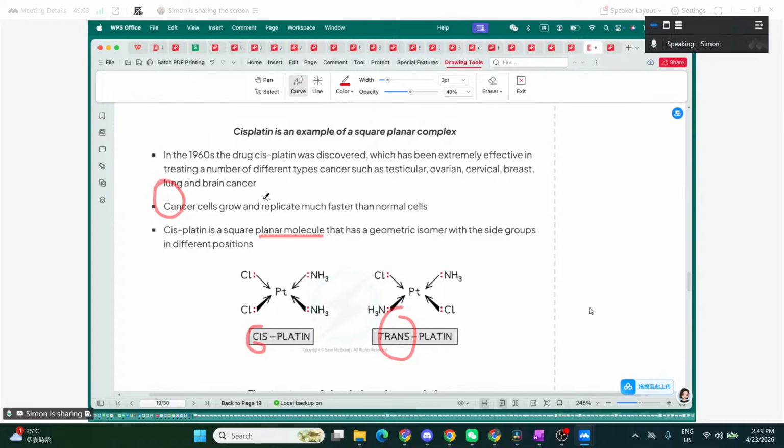The drug cisplatin was discovered, and its usage is for treating a number of different types of cancers. We can use the drug cisplatin to treat that.